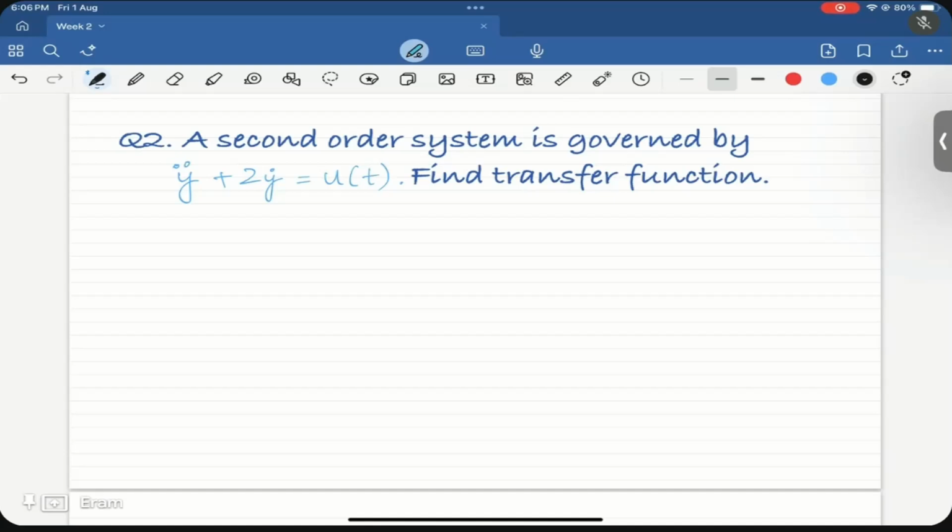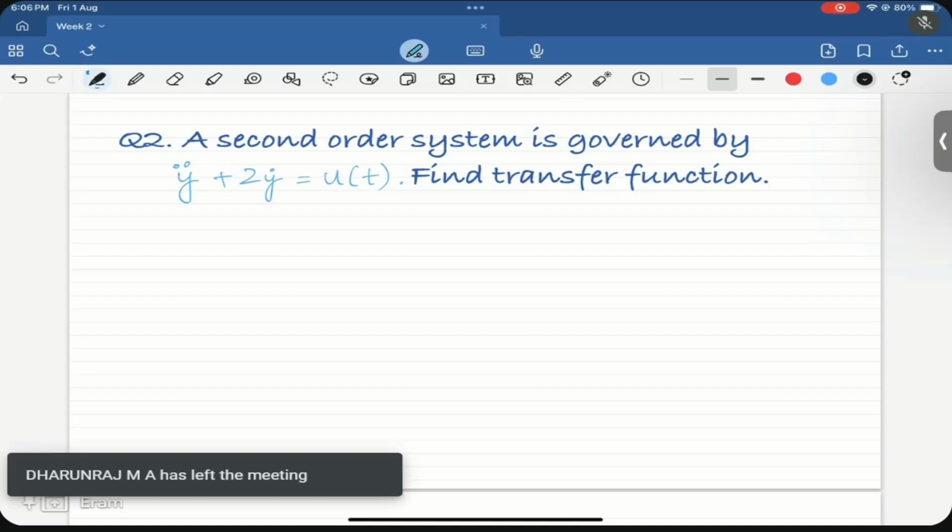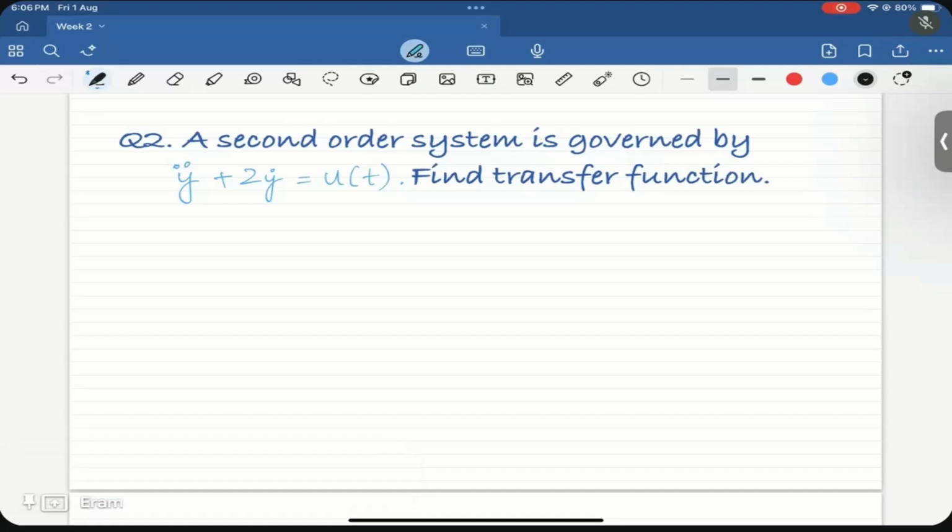So how to solve such questions? In order to find the transfer function, we have to convert this to Laplace transform. So what is the Laplace transform of the double derivative of a function?